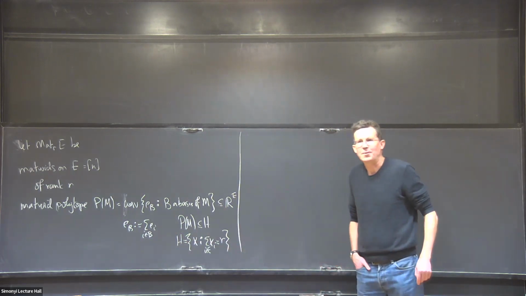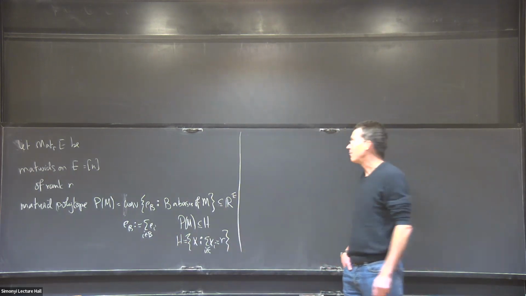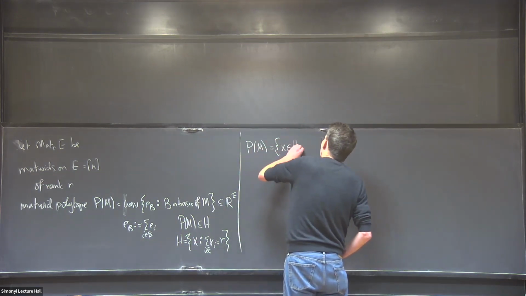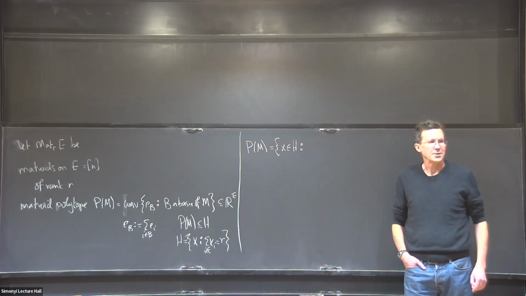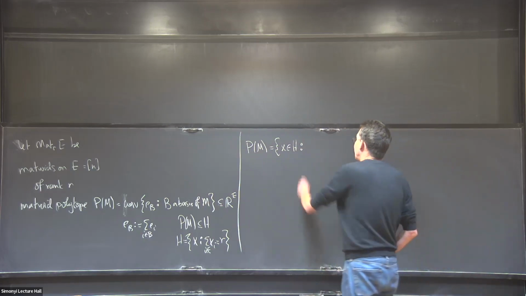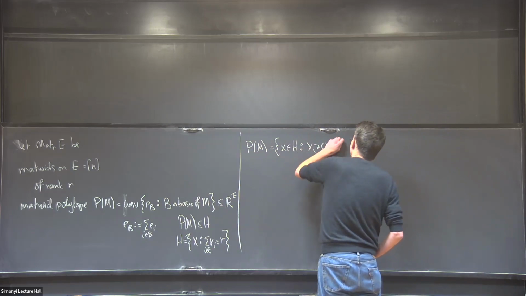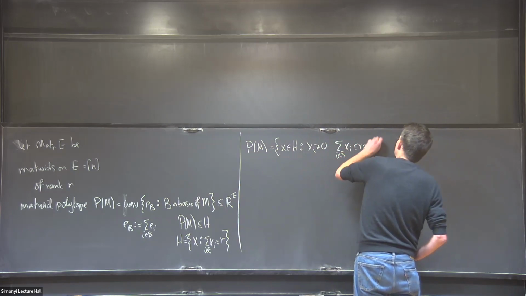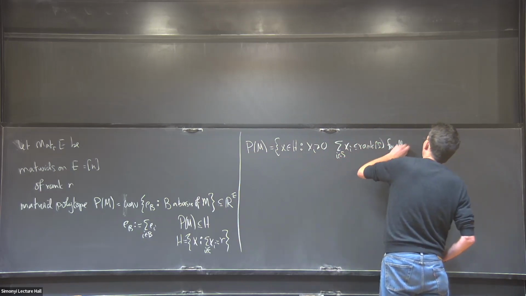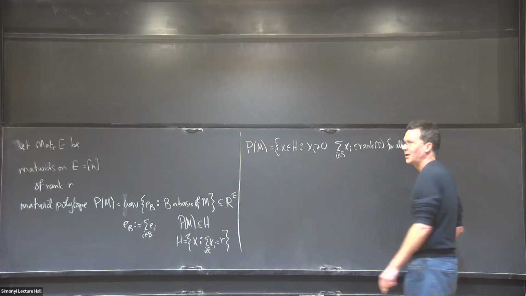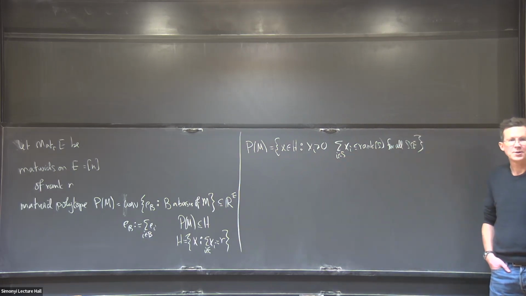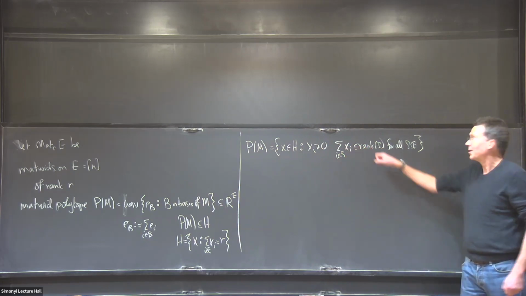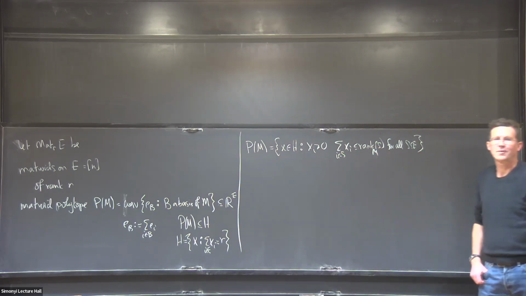So your matroid polytope is given to you as a convex hull. But you can also write it as a polyhedron by giving some linear equations. Those would be given by taking all subsets of the ground set and asking that the coordinate sum is bounded by the rank in the matroid of that subset.